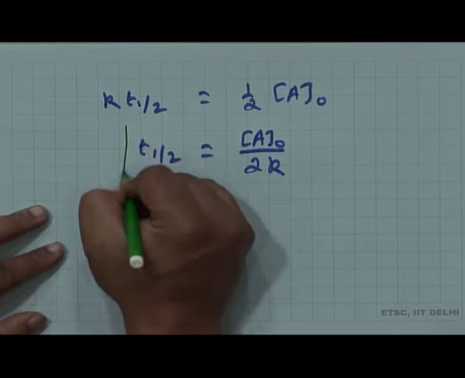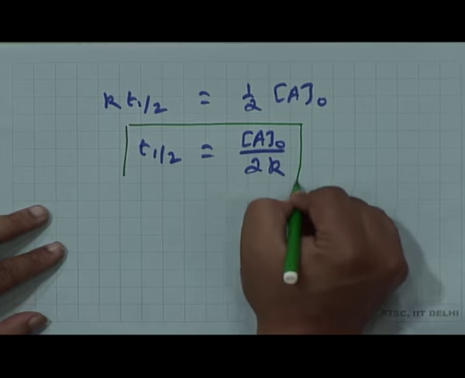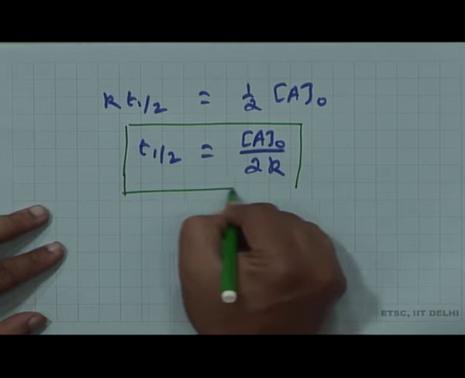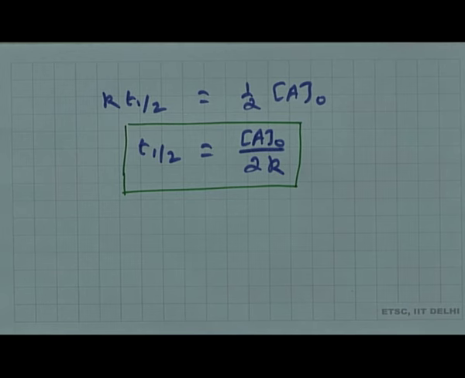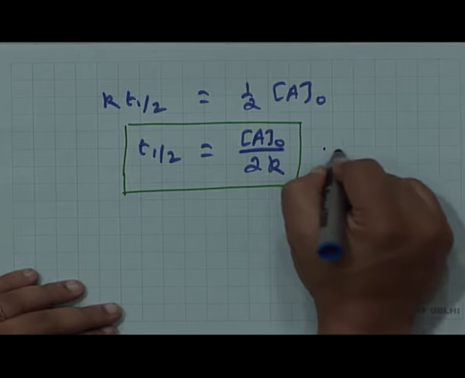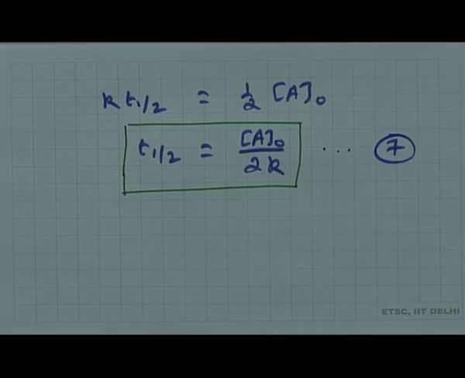So, this is a very important relation for the half life of a 0 order reaction. This will be 7.